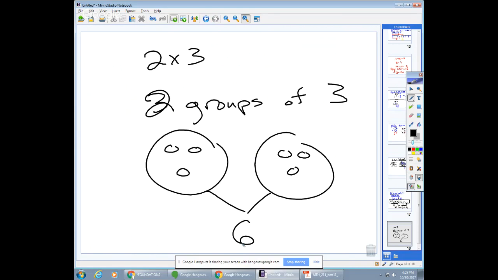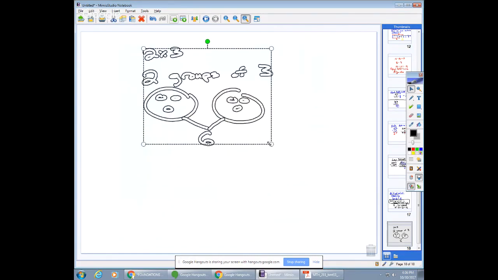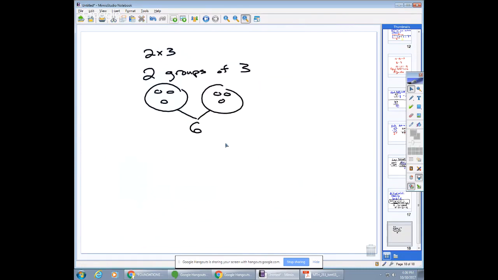Cool. Now, that's slightly different than mine. If I use your groups of interpretation, I'm just going to redraw that. All right, so alternatively, I had written down not 2 times 3, but 3 times 2.